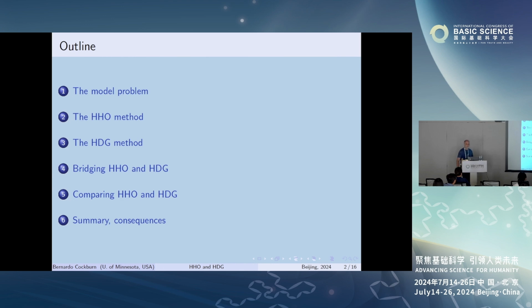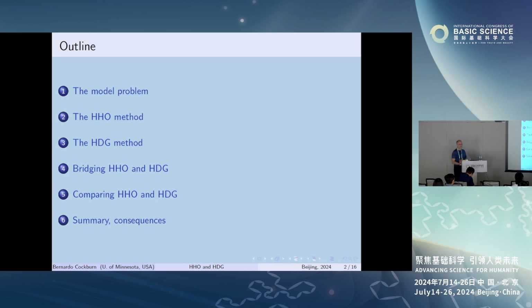I'm going to describe the model problem, which is going to be a very simple diffusion equation, and both methods are going to be defined there. I'm going to show you how to define the HHO method and then how to define the HDG methods. And then I am going to build a bridge between them. I'm going to start with the HHO, and I'm going to change it slowly until it becomes an HDG.